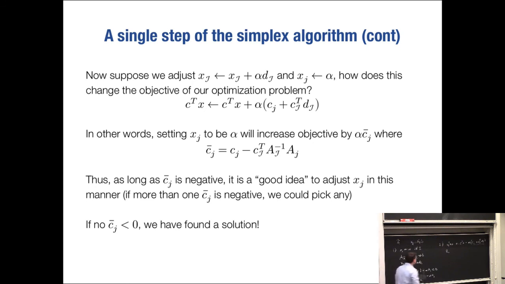And so c bar is just equal to cj, this is how much the objective will change if I take this step, plus c transpose di, which equals cj minus ci transpose Ai inverse Aj. That's just my definition of di there.